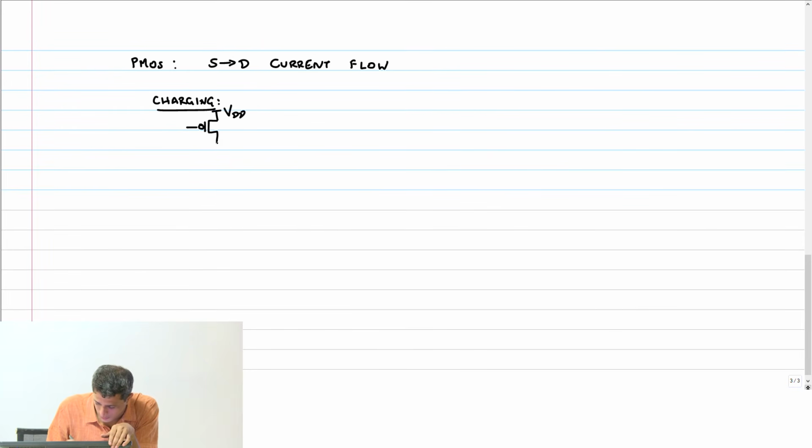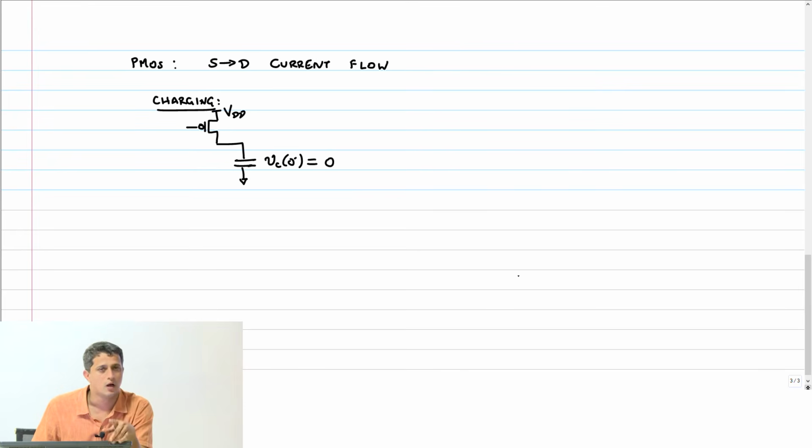So the PMOS transistor, I am going to connect it to a capacitor like this, and Vc of 0 minus is 0. Now what should happen to the input? It should go from VDD to ground. First, before we start, as usual, which is the drain and which is the source?